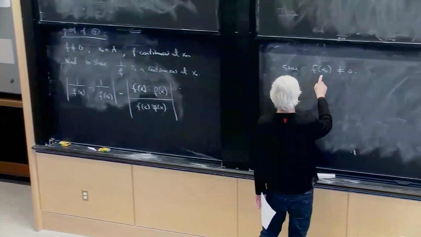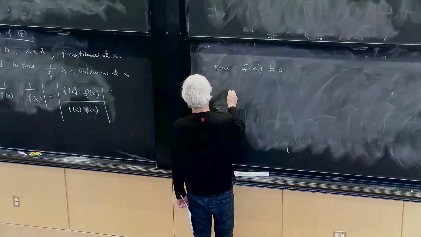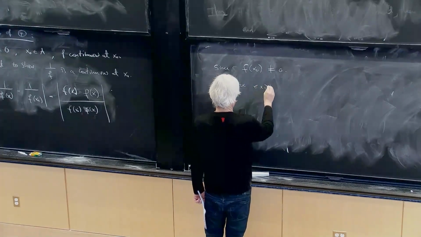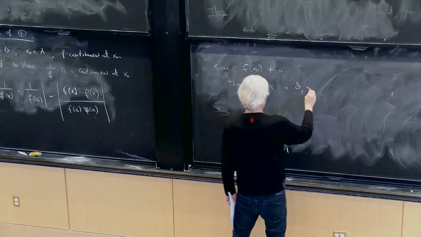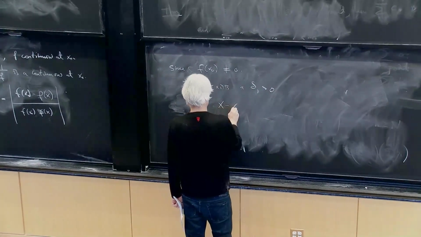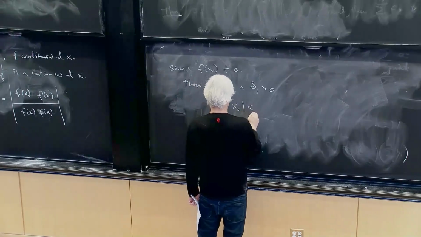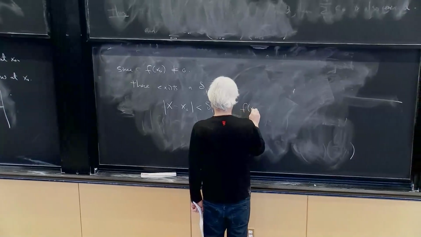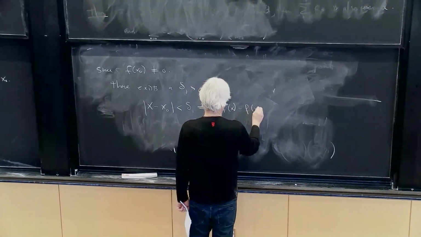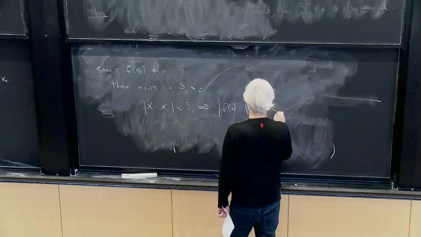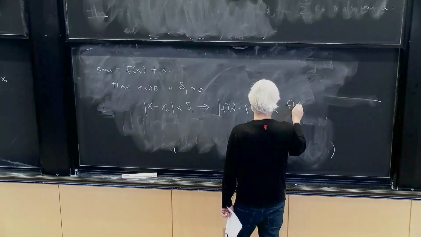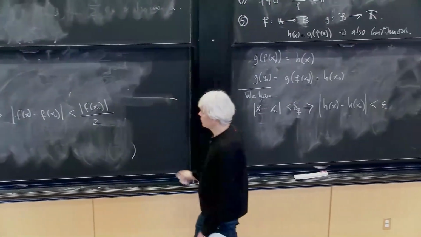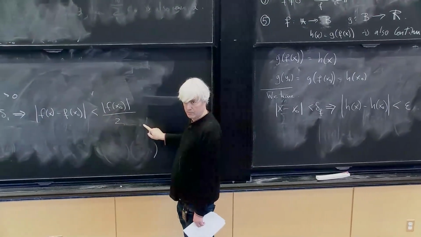The first step is, since this here is not 0, we know that there exists a delta 1 greater than 0, so that if the absolute value of x minus x0 is smaller than delta 1, then I can make the difference between f of x and f of x0 smaller than absolute value of f of x0 over 2. You see, I'm just using this one here first as my epsilon.